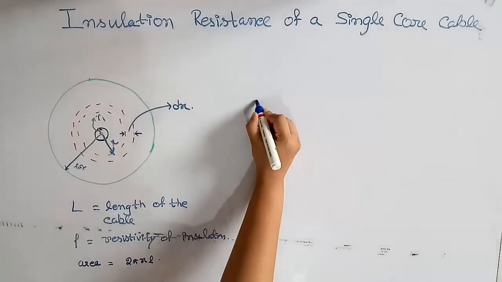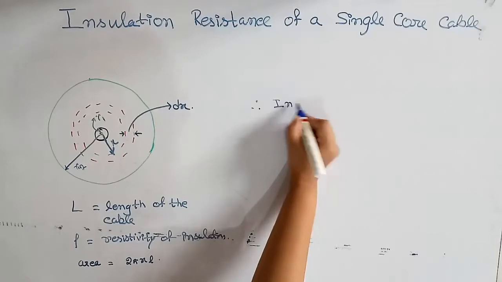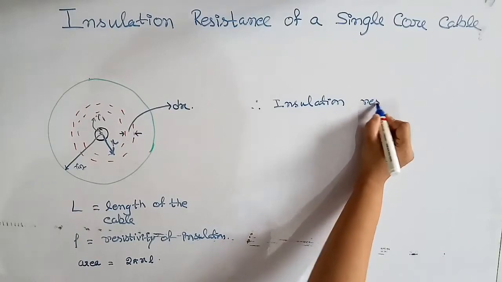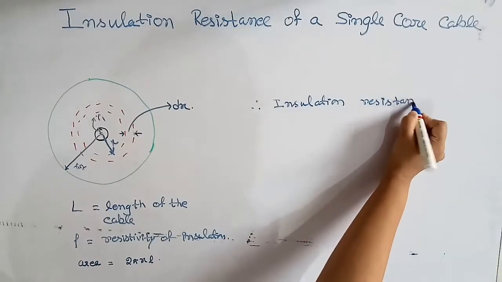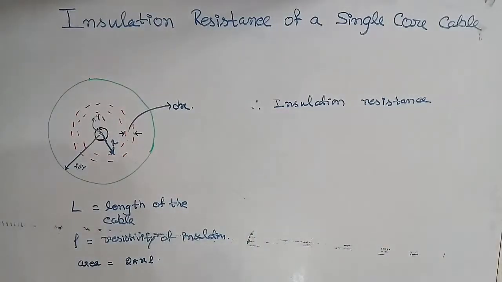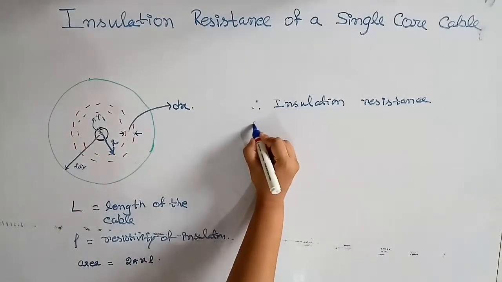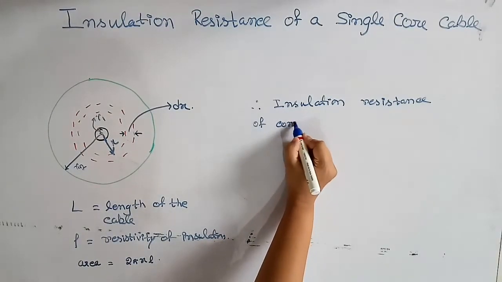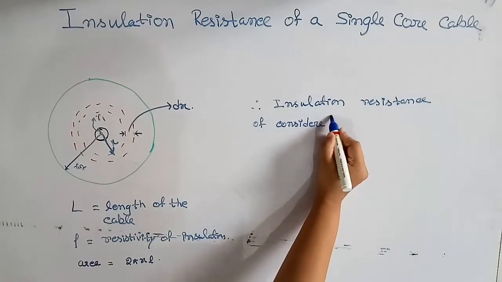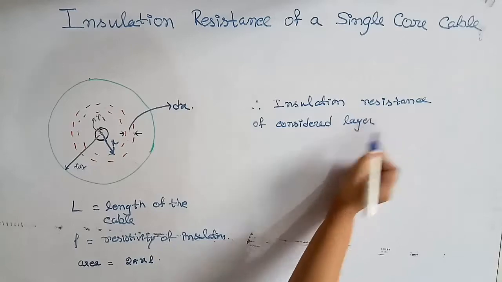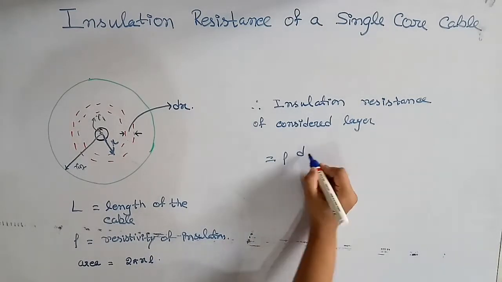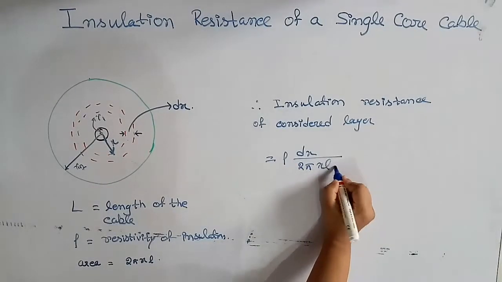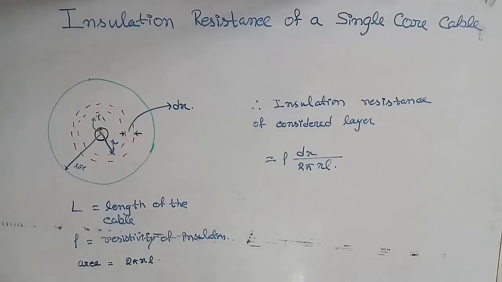So we write the expression of insulation resistance for this considered layer as rho dx by 2 pi x l. What is the formula of resistance?